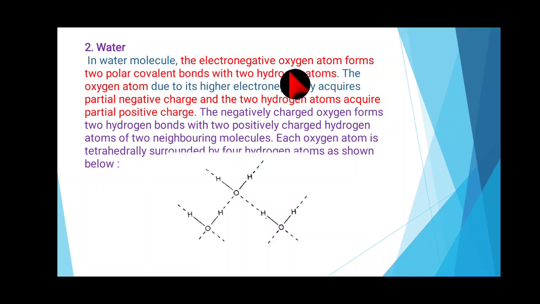Suppose you are going to attempt this kind of question, these are the statements you have to write. The statements I have given in red color are the key points.